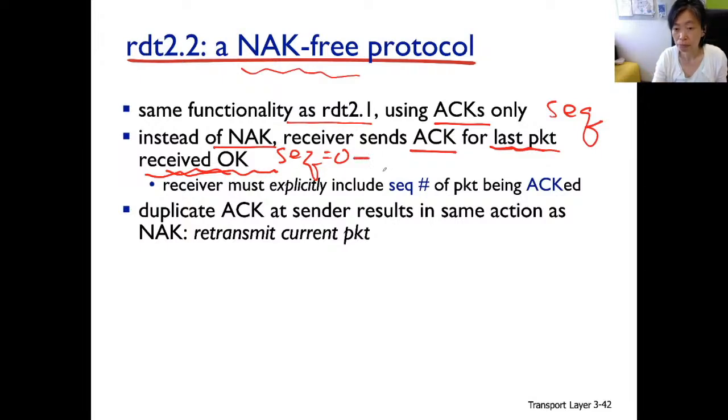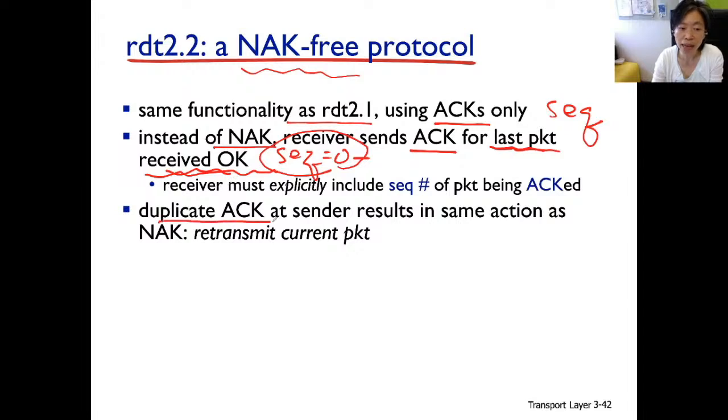At the sender side, what's going to happen is the sender will receive the first ACK with sequence number 0, indicating packet 0 is received okay. But then the sender is going to receive another sequence number 0 ACK. Hey, how come I get acknowledgement for sequence number 0 twice?